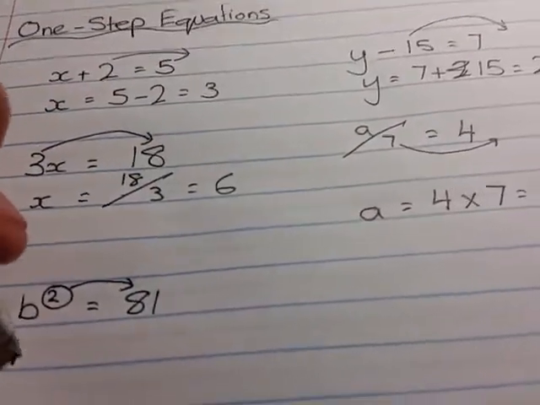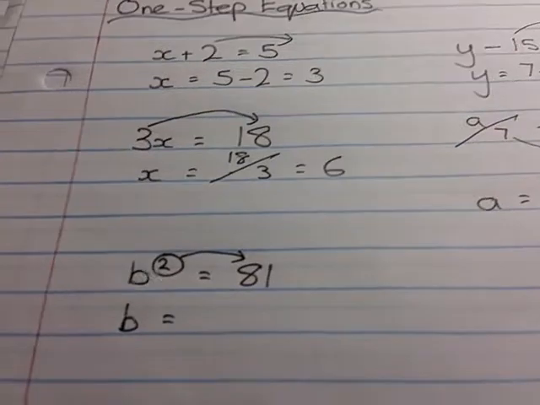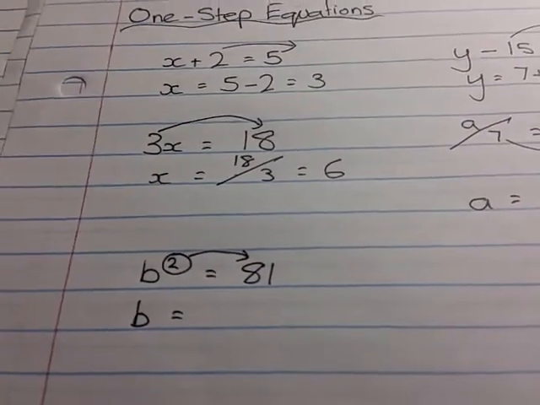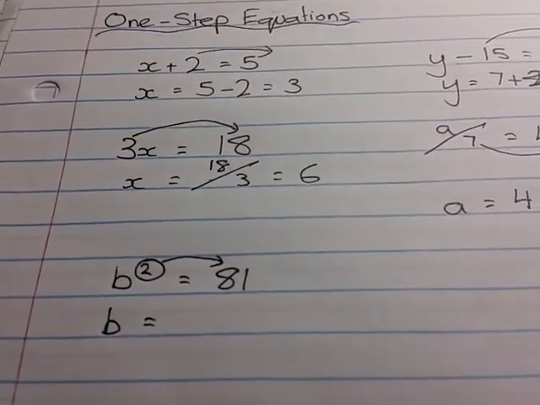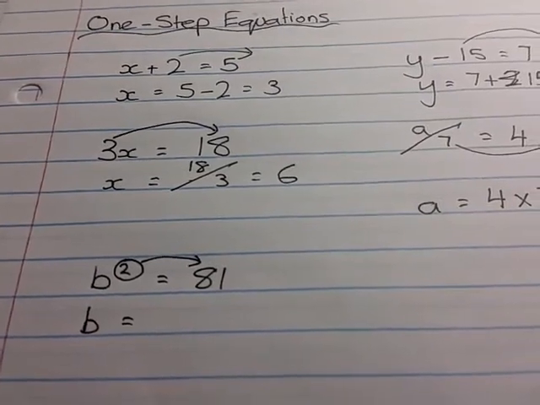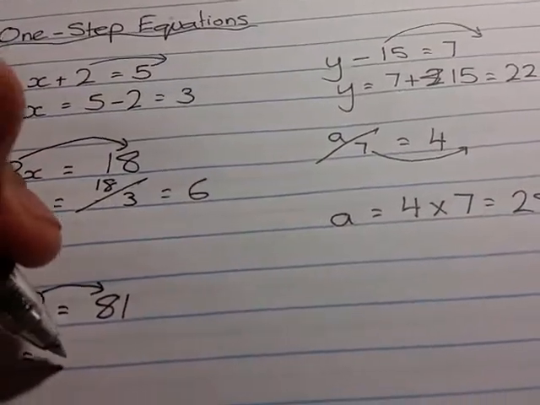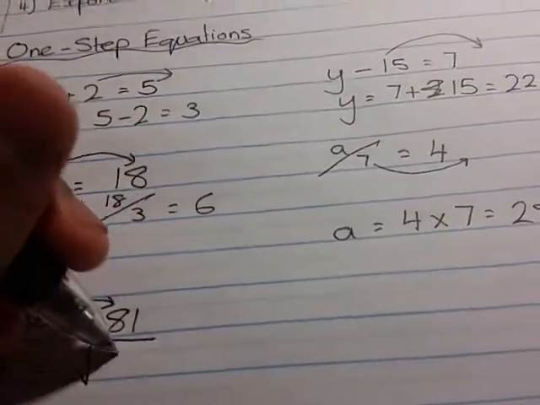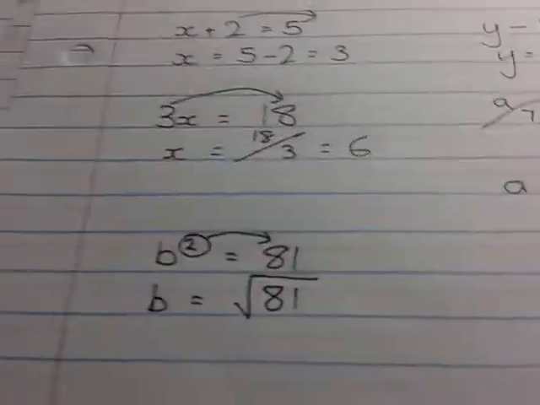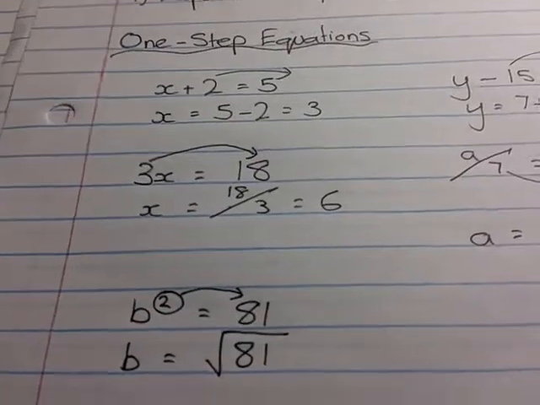Now we need to think, what is the opposite of squaring? The opposite of squaring is square rooting. So your first thought would be, well, B is the square root of 81, which indeed is correct.